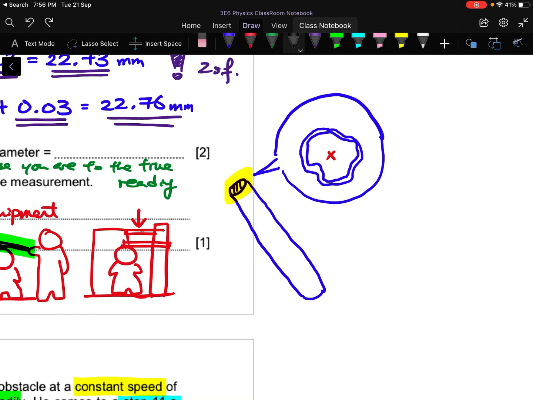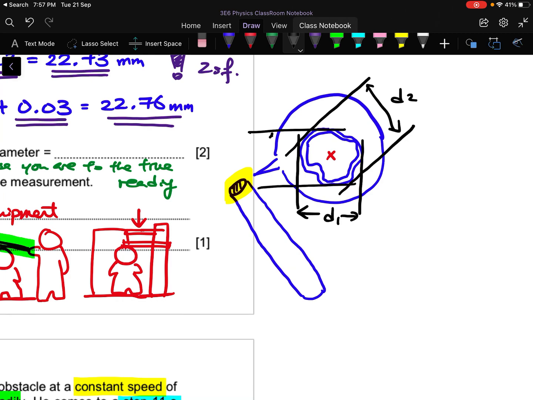So what you can do is clamp the micrometer screw gauge this way and measure D1, and then close the jaw like that and measure D2, and then finally close the jaw like that and measure D3. In the end, you take D1 plus D2 plus D3 together and divide by 3.